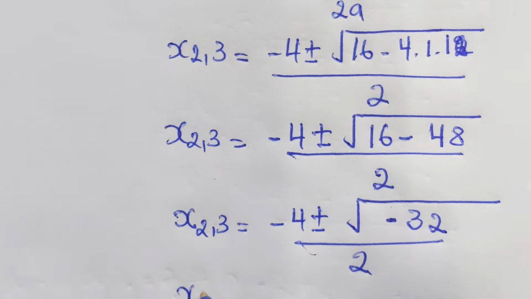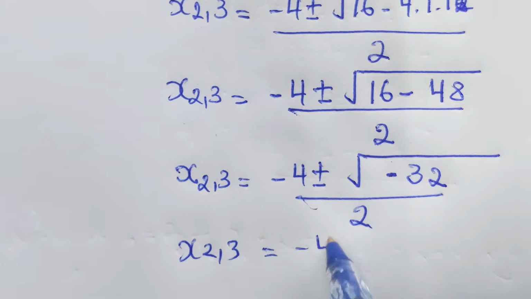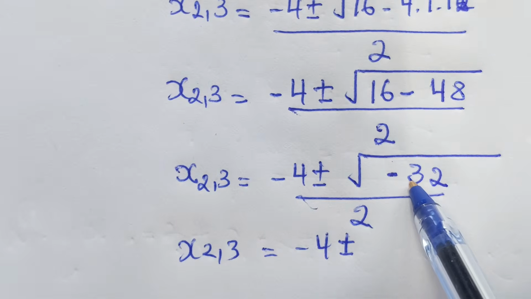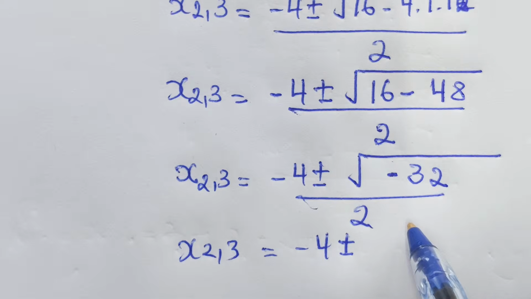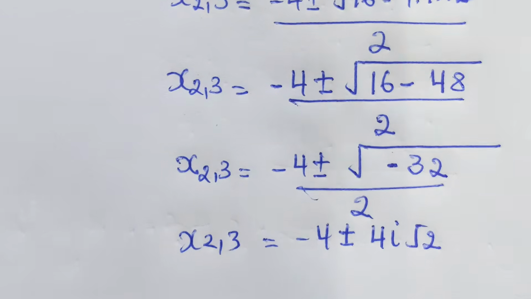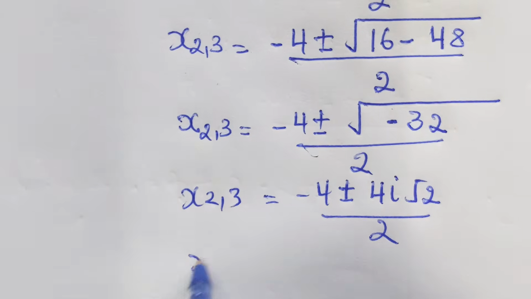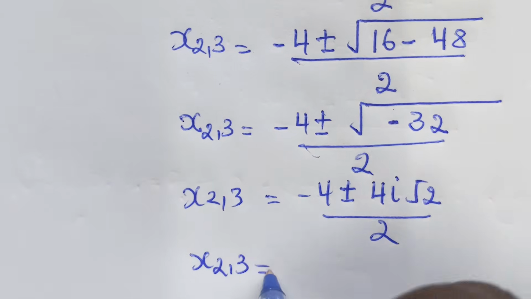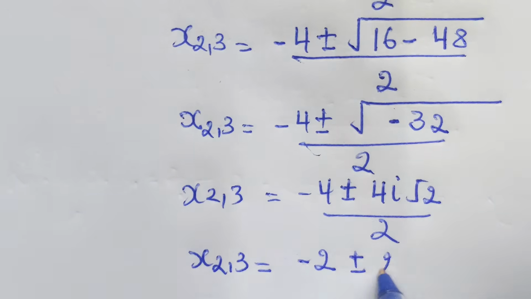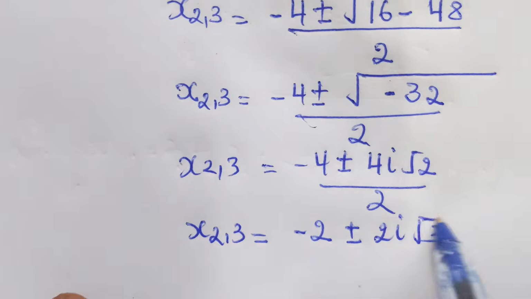Here x2 and 3 will be equal to negative 4 plus or minus 16 times 2, so the square root of 16 is 4, which is 4i square root of 2 over 2. Then x2 and 3 equal to negative 2 plus or minus 2i square root of 2.